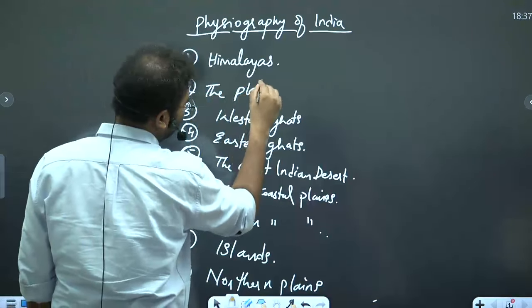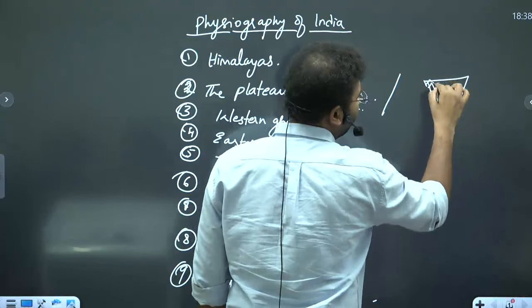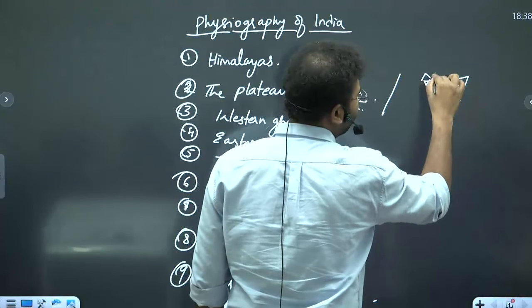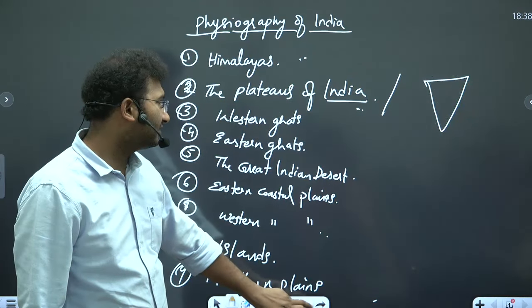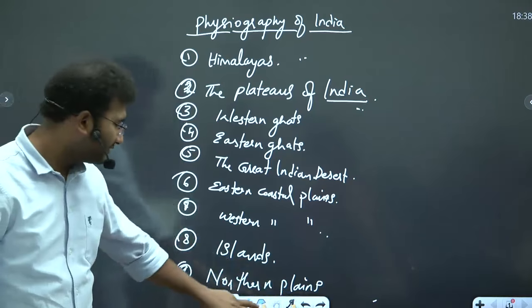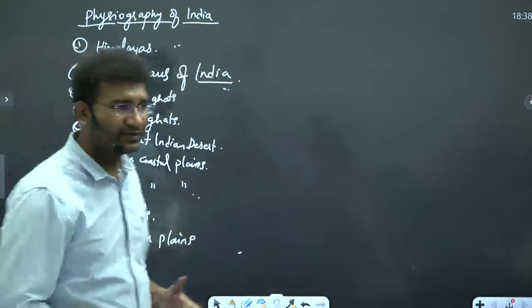Or else first let's study Himalayas, then I'll go to the plateaus of India or the peninsular block. The peninsular block includes this. Within this peninsular block, even Western Ghats comes into picture, Eastern Ghats, then you have Vindhyas, then you have Satpuras, likewise all the areas that are there. But to make it a little easier, I am going into detail to explain all of these things. Right? So broadly speaking, this is your physiography of India, or the physiographic regions.